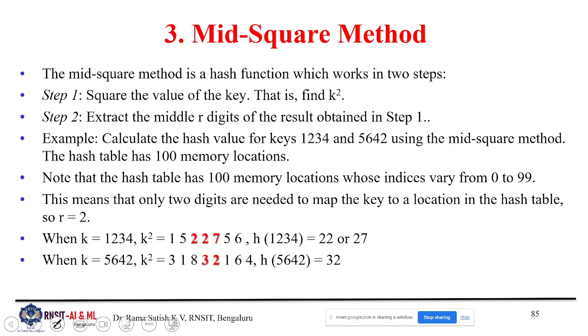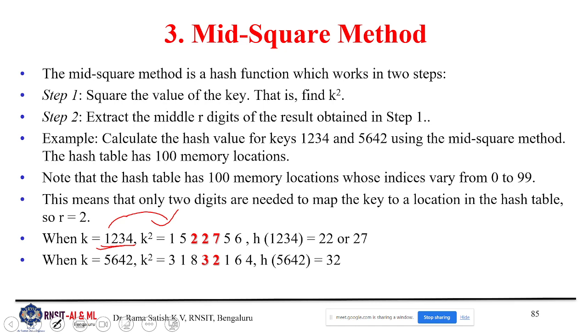What it does is it will first calculate the middle value. This is the key, so then it will find the k square, the key value's square. When you square 1234, you get 1522756.